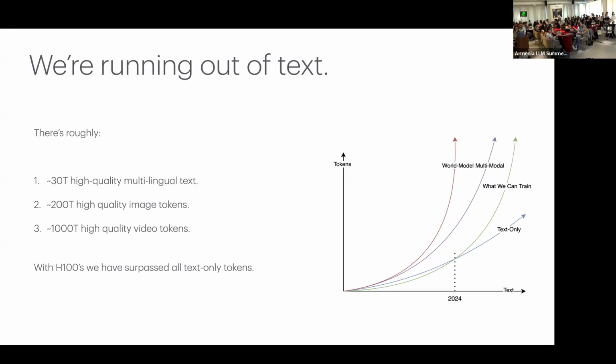If you are a large company, you have essentially surpassed all text-only tokens, and there are now open source models trained on essentially the whole internet. So if we care about pre-training, we need to start thinking about how we can increase the scope of our tokens.